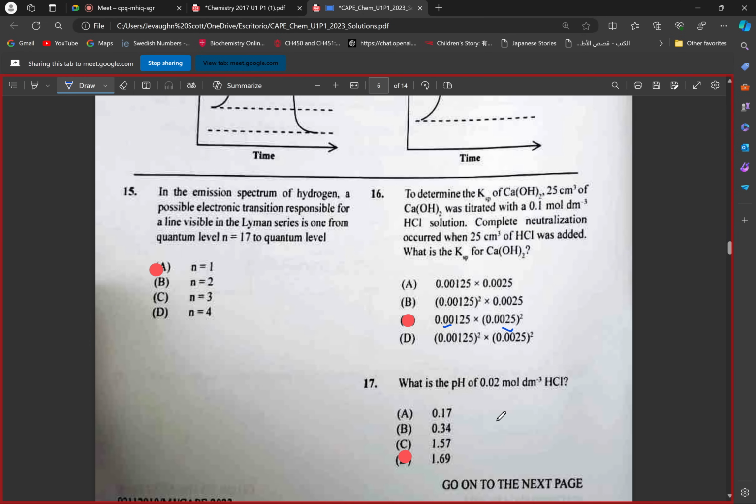The answer is going to be D. So a negative log of 0.02 would be 1.69.